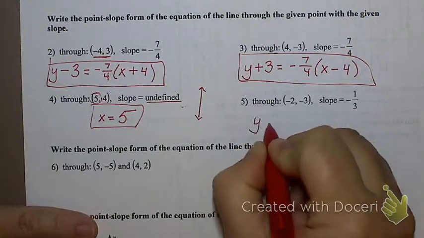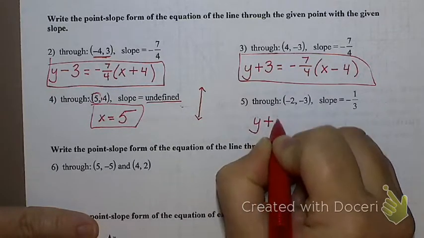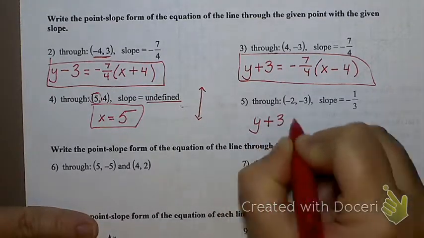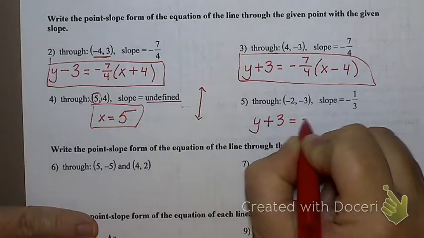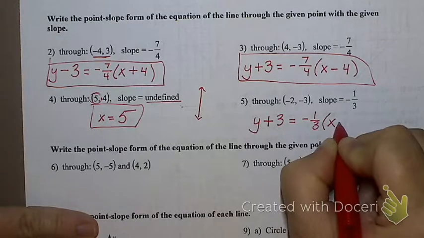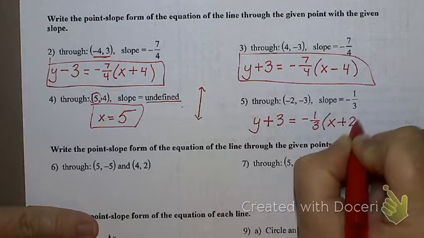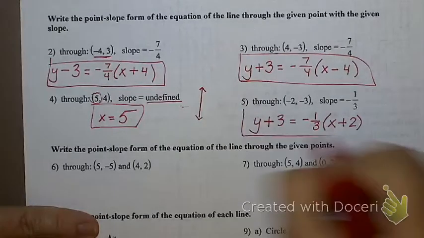Y minus negative 3 would become plus 3 equals negative 1/3 parentheses x minus a negative 2 would become plus 2. That's it.